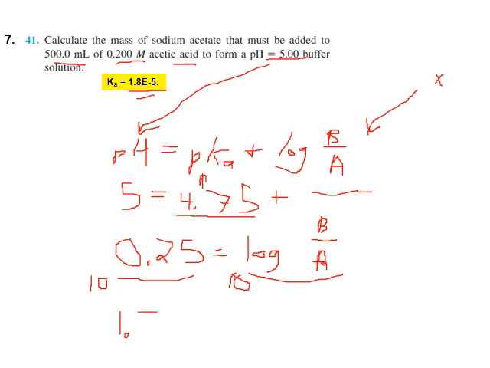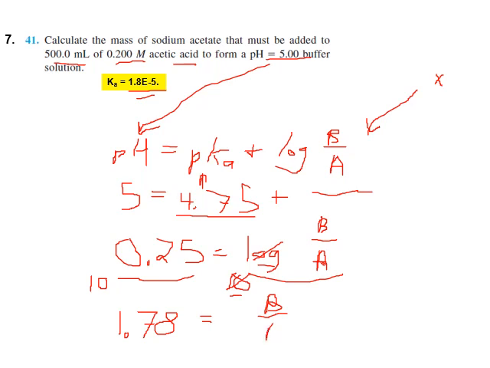So this is 1.78 equals, and then remember, when we raise 10 to the power log of something, the 10 and the log cancel each other, and we're just left with B over A. It's actually concentration of B over concentration of A.